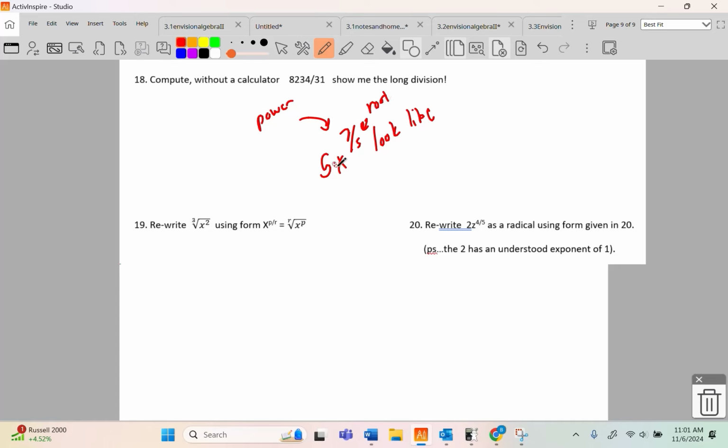And there's an understood multiplication between that 5 and the x. We have to understand the understood. So the 5 has an understood exponent of 1. It's going to be outside of your radical. The radical has a root of 5. It's got a little 5 there. The x has a power of 7. You can write it like that.